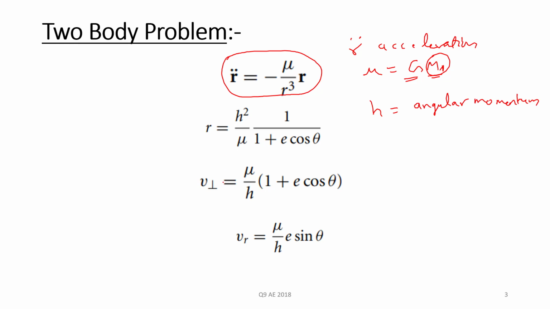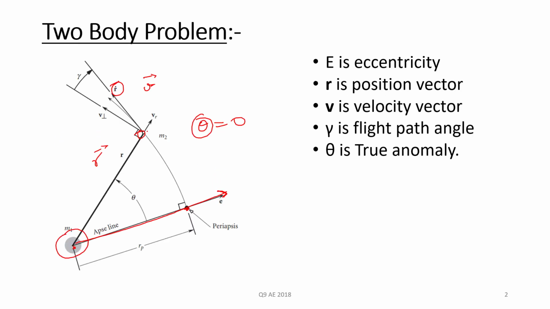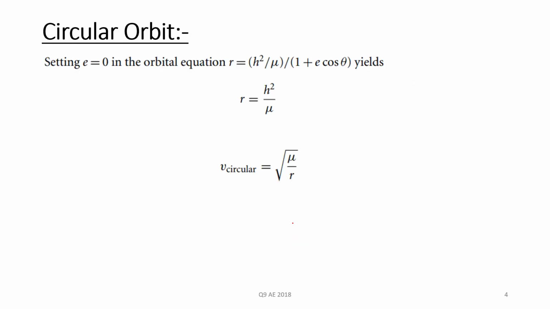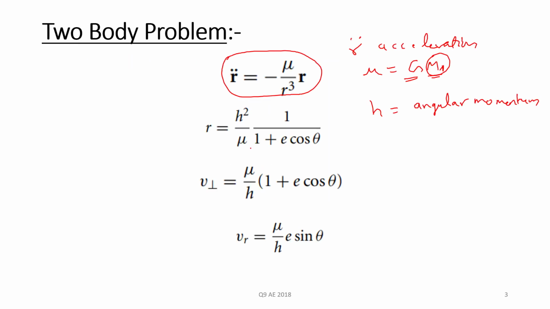We can also find the velocity perpendicular to the position vector, which is given by v perpendicular equal to mu upon h times 1 plus e cos theta, and similarly the radial velocity is given by mu upon h times e sin theta. So e is the eccentricity, and for different conics there will be different values of e.